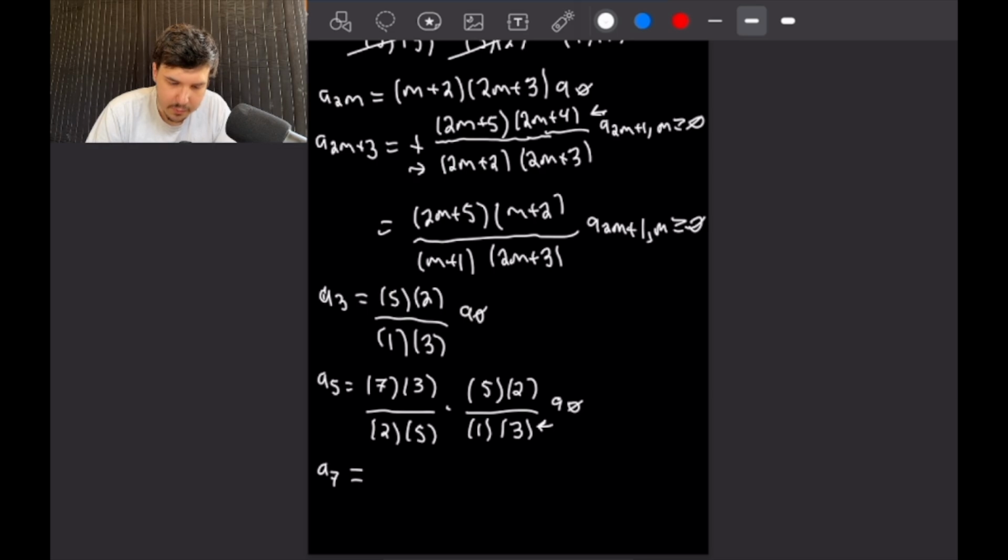So when we plug in m equals 2 into our formula, we will have a 2 times 2, which is 4, plus 5, which is a 9 for our first term in our numerator. Then for our second term, we will have 2 times 2 plus 4, which is 8 in our numerator. And then in our denominator, we will have a 2 plus 1, which is 3 in our denominator. And then that will be times a 2 times 2, which is 4 plus 3, which is a 7.